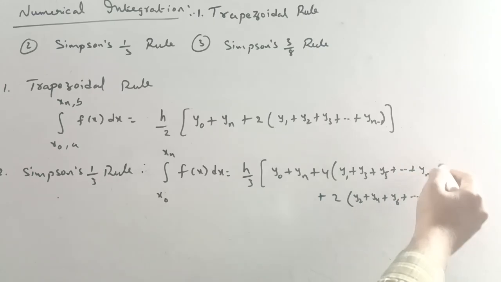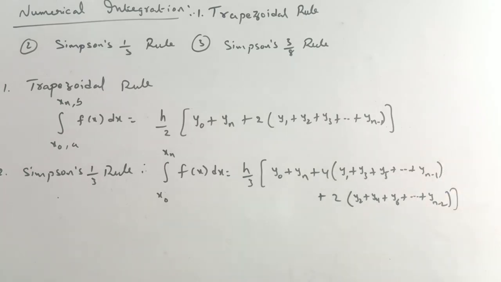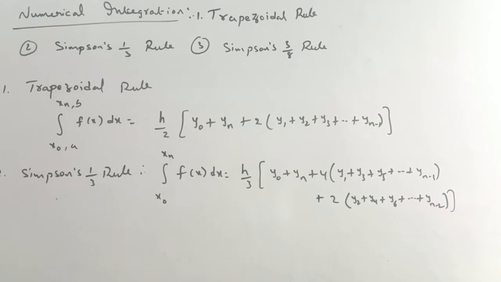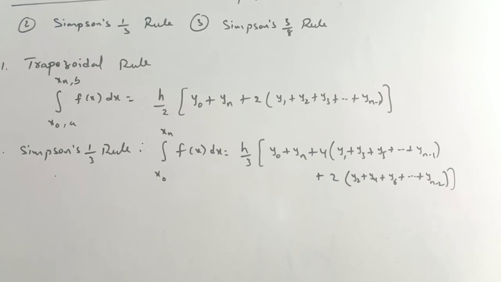So h by 3 into the sum of the first and last ordinates plus 4 into the sum of the odd ordinates plus 2 into the sum of the remaining even ordinates. That is the formula for Simpson's 1/3 rule.